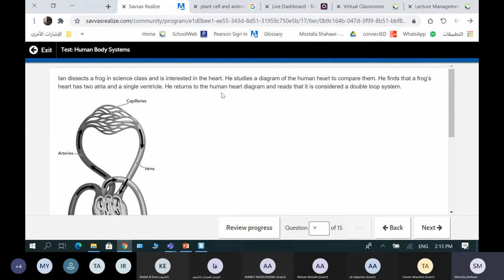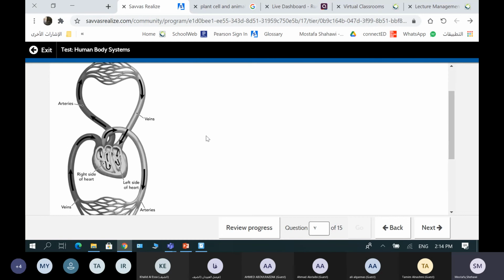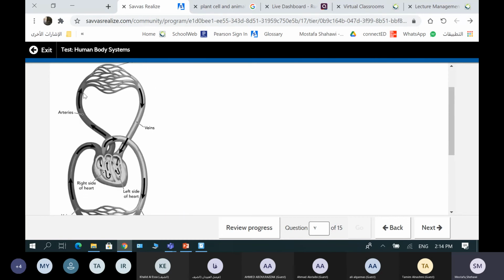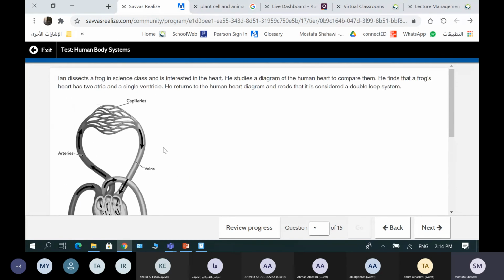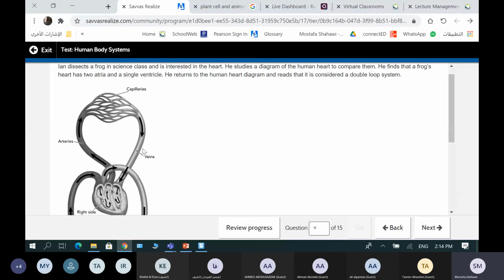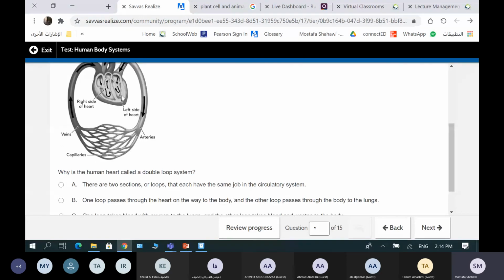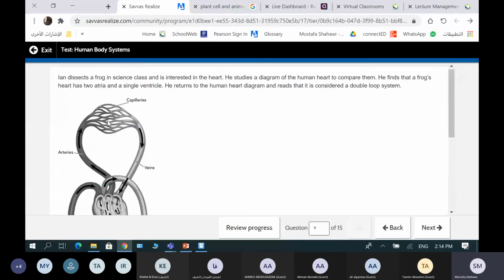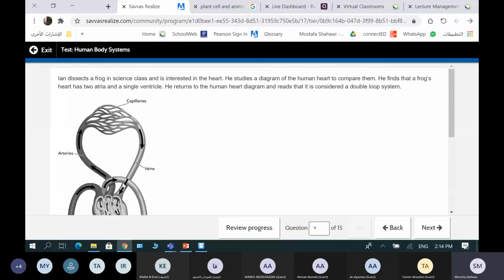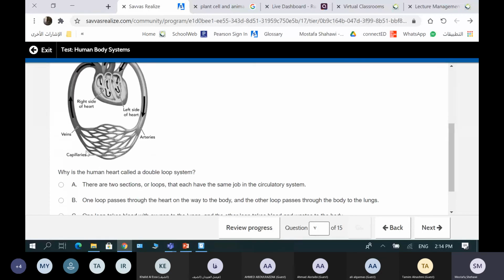He returns to the human heart diagram and reads that it's considered a double loop system. The frog has two atria and one ventricle. In the human, we have two ventricles, not one. And we have the pulmonary loop, or the minor loop, and the major loop, if you remember that.